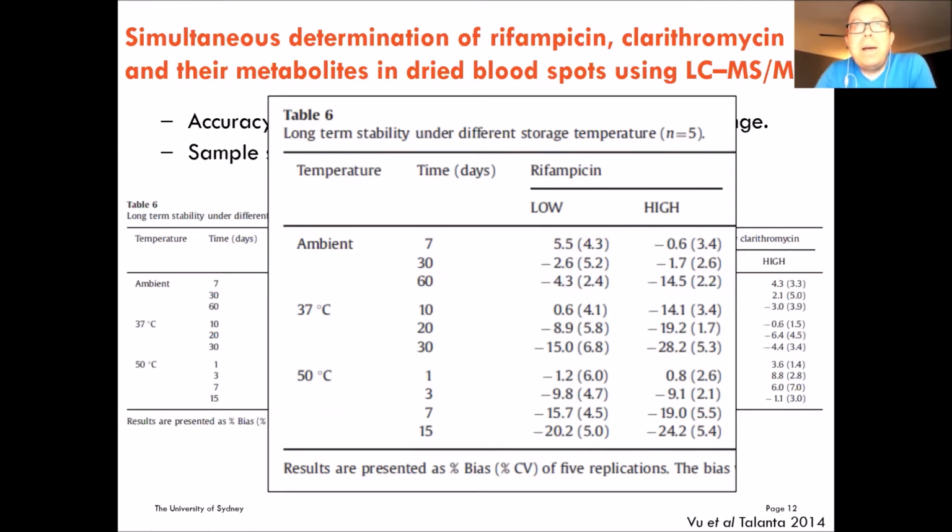We also looked at higher temperatures because if the sample is in the sun or whatever, it can be a little bit warmer. And of course, that affected the stability of the sample, but still it was much more stable than in liquid condition.